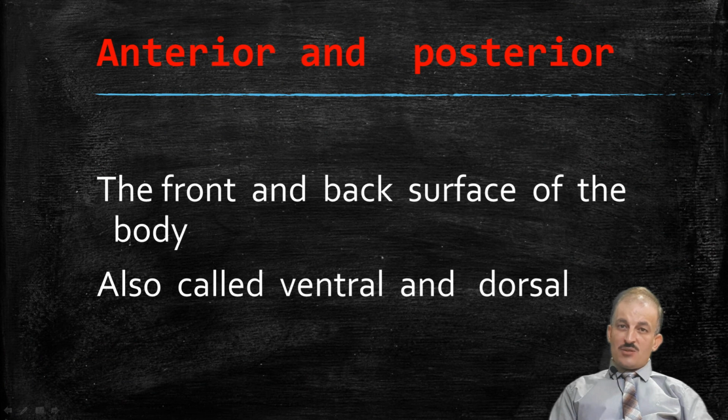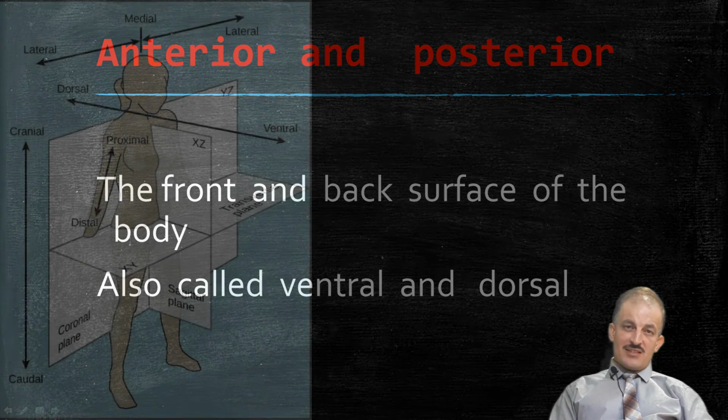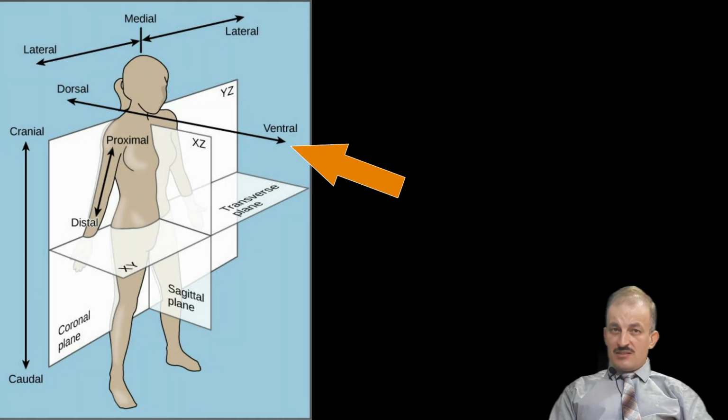Anterior and posterior refer to the front and back surface of the human body, also called ventral and dorsal. In this figure you can see ventral towards the anterior and dorsal towards the back of the human body.